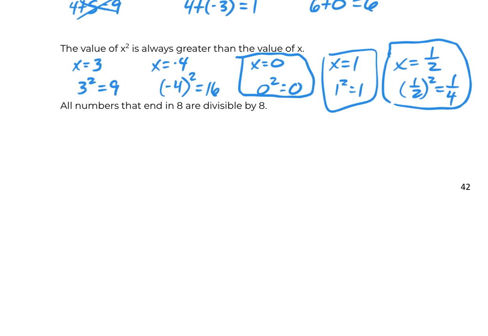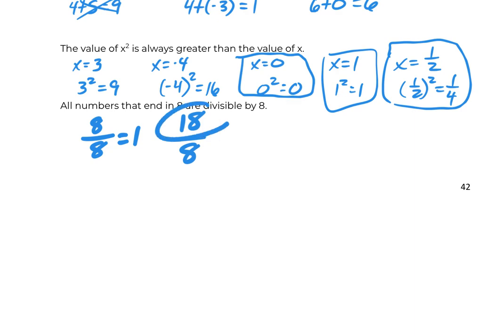Okay, finally, all numbers that end in 8 are divisible by 8. Okay, so let's start with 8. 8 divided by 8 is 1. The next number that ends in 8 is 18. Does 18 divided by 8 give me a nice whole number? No. That's what it means to be divisible. It divides out evenly to be an integer, not a decimal or a fraction.